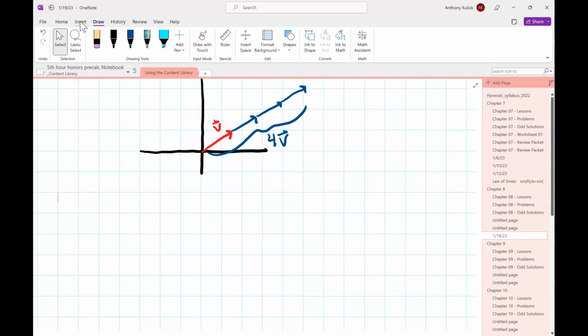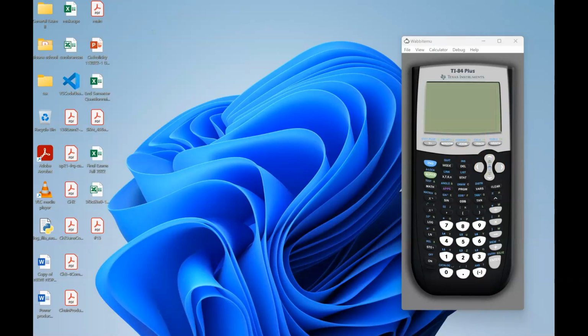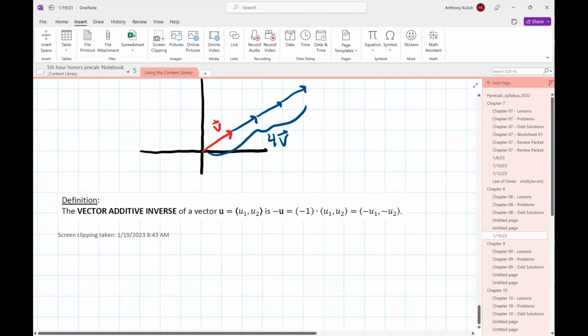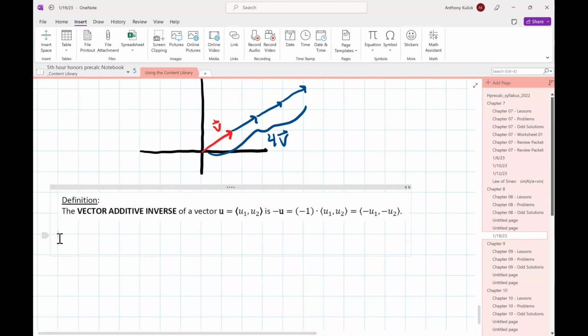Everybody's okay with that? So to be formal about vectors, we need to define what we mean by an additive identity or additive inverse, which we already said. What did we say we're going to call the additive inverse for a vector? Just scalar multiplying by -1. So now clearly, vector u plus negative vector u is going to give me the vector 0, 0, right?